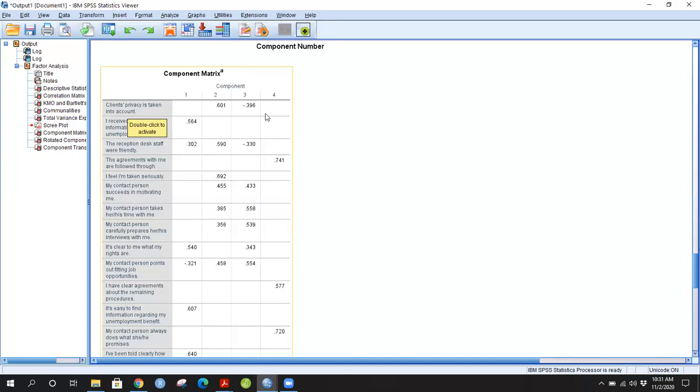That's not a desirable scenario for us. We want that one particular variable should load meaningfully on one and only one factor. So basically this matrix tells you how strong the relationship is between a variable and the component or factor that is retained.